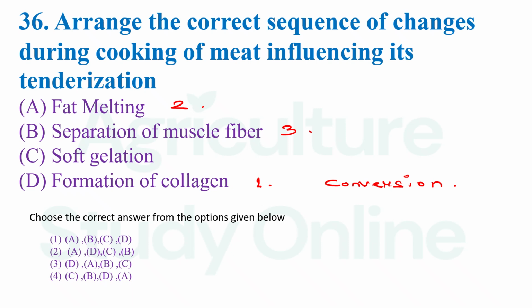And the last step will be the soft gelation. Now in this, the gelatin formation leads to a soft, tender structure. So first collagen, then fat melting, fibers separate, and then gel formation. So correct option will be option number 3, D, B, D, A, B, C.